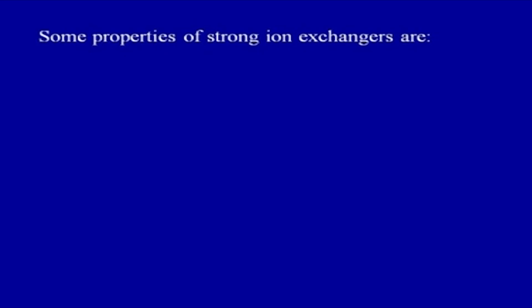If you ask what the properties of strong ion exchangers are, their sample loading capacity does not decrease at high or low pH values, due to loss of charge from the ion exchanger. So, they remain ionized over a wide range of pH.